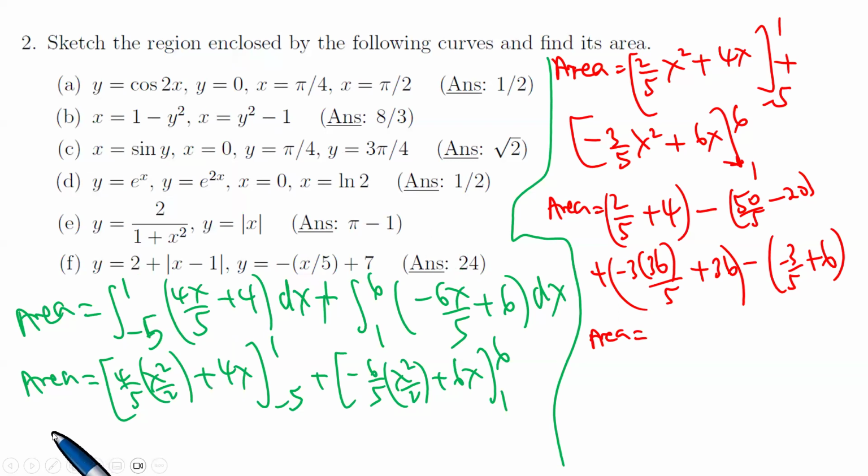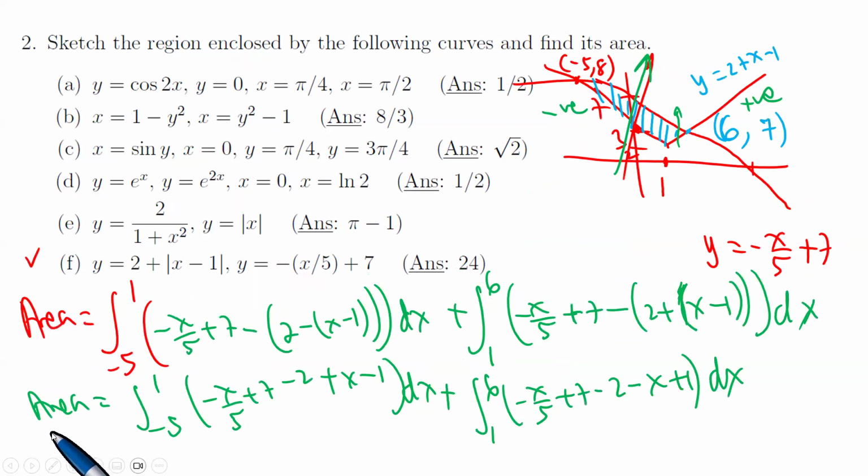Okay, let's just check again. I'm just going through the things, trying to see if there's a number that is amiss.